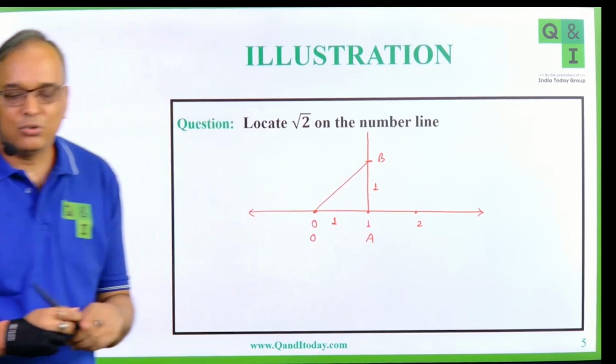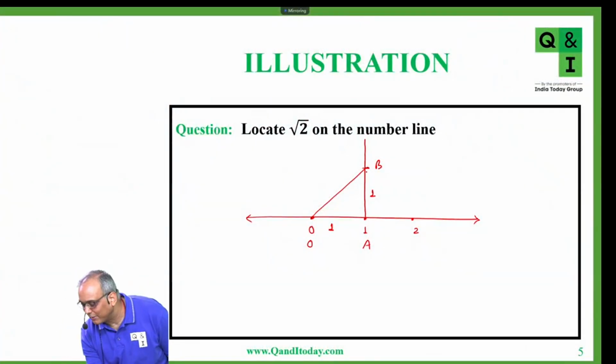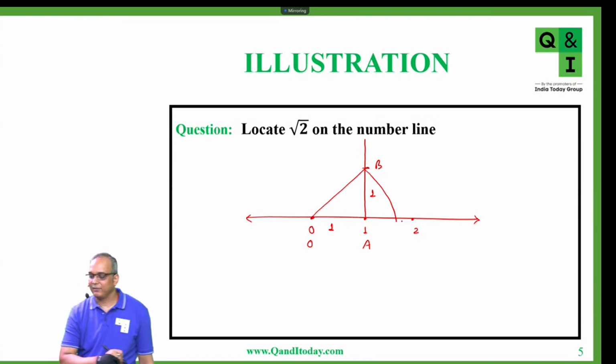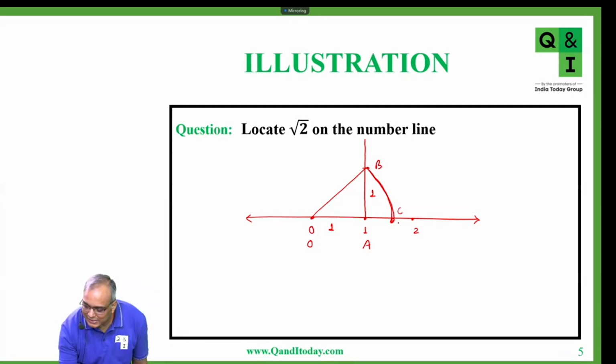Once you have drawn that curve, it will look something like this. The curve will come and hit it here, for example. I'll draw it properly. So this is the curve which hits it here. So let's say this point is C. So this point will be root 2.